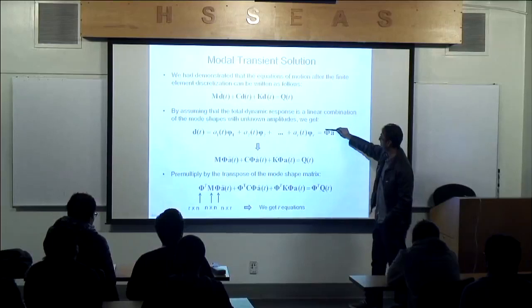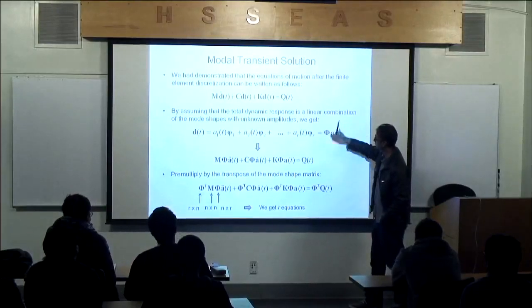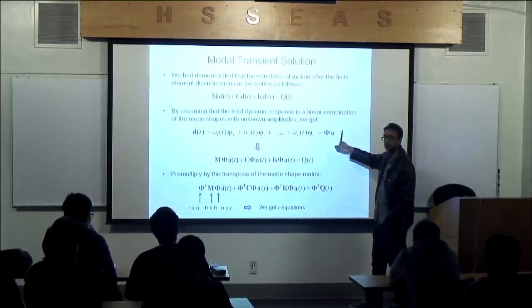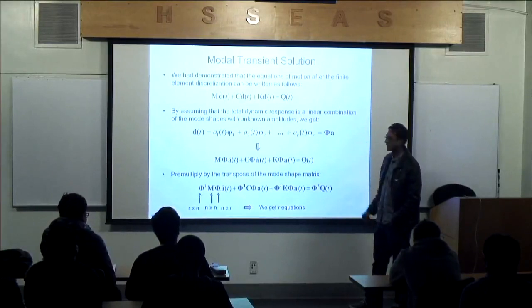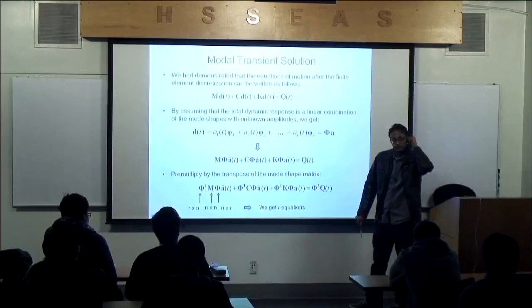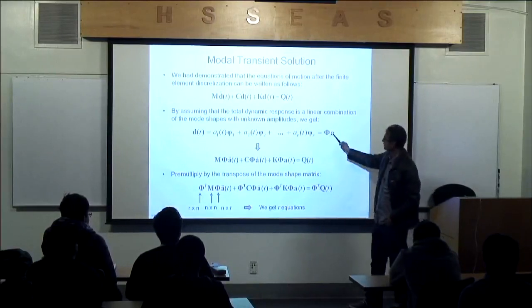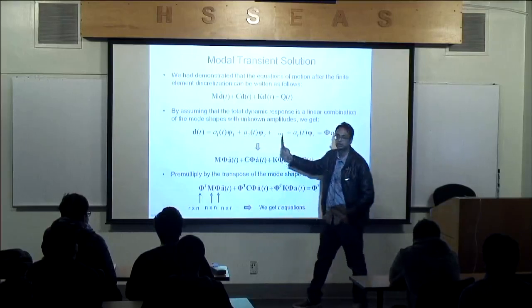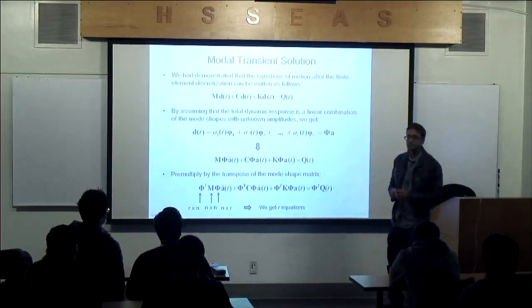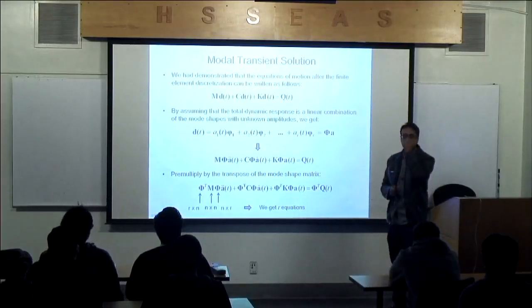So this becomes 40 by 3. And then A bold becomes, sorry, that's wrong. I'm getting confused. There's only 3 of them: A1, A2, and A3. It's a vector, in essence. Any questions on that?